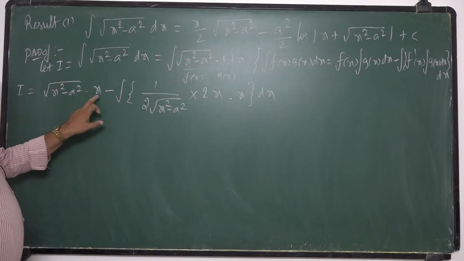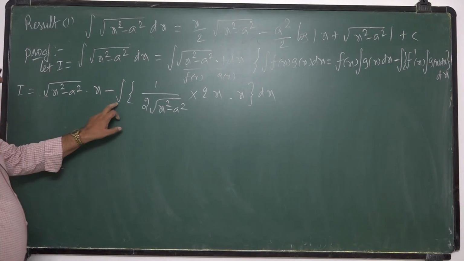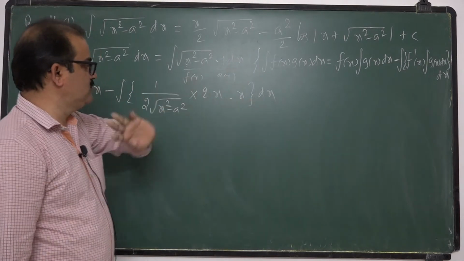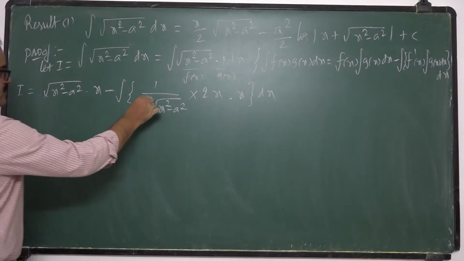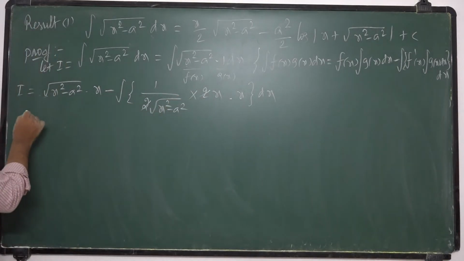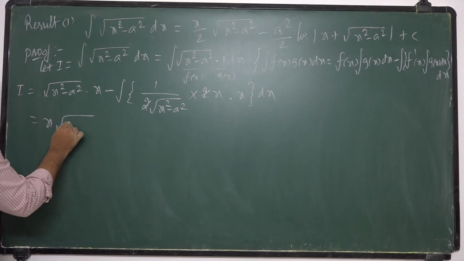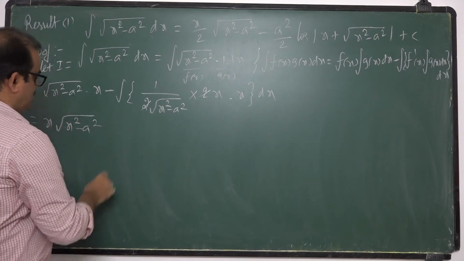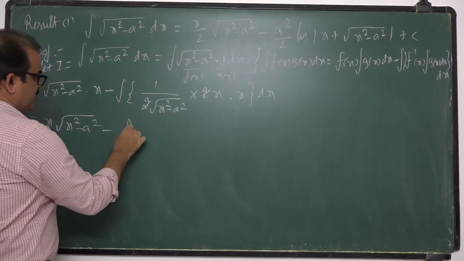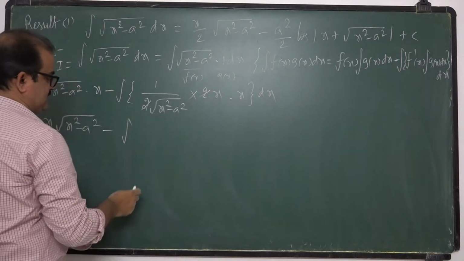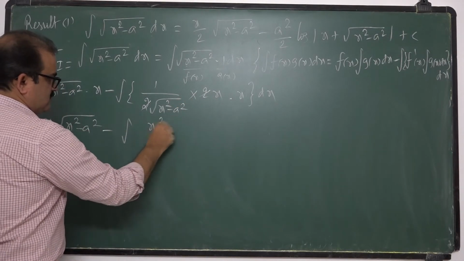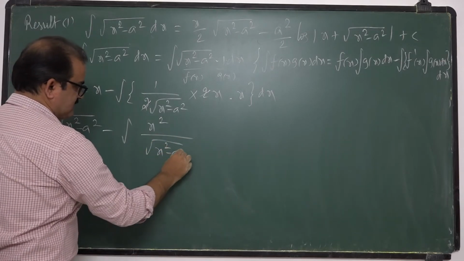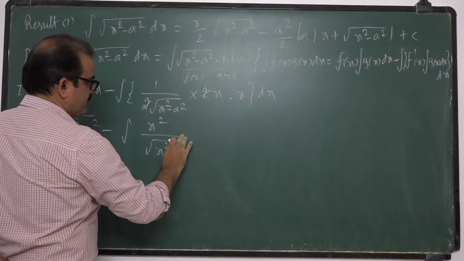Here the 2 gets cancelled. So we get x into root of x square minus a square minus integral of x into x, that is x square, by root of x square minus a square into dx.